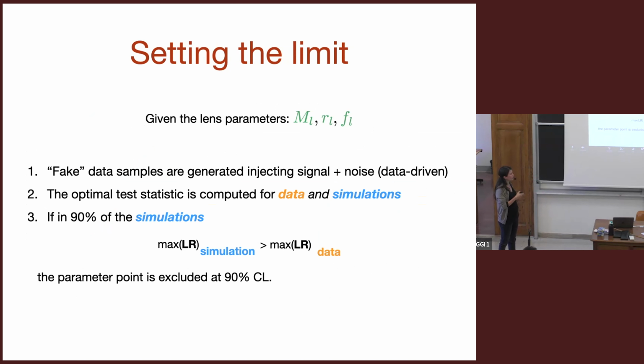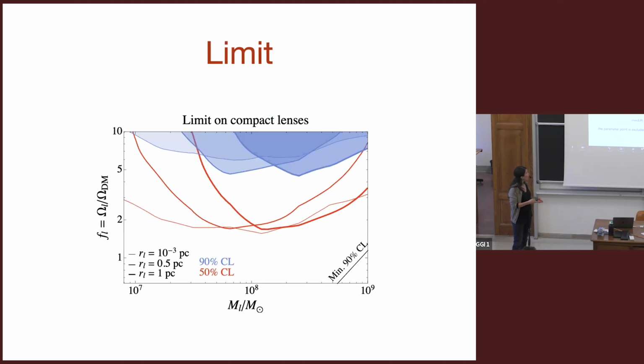And then we perform some simulations where we include data-driven noise and then a signal coming from the population of lenses. And then we compute the test statistic for all the simulations. And if we see that 90% of the times we get a larger value than the one observed in the data, then we conclude that point is excluded.